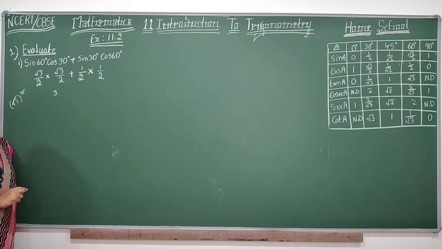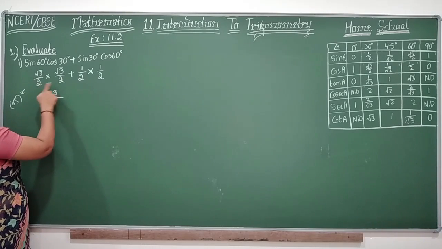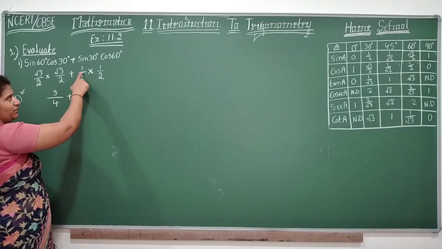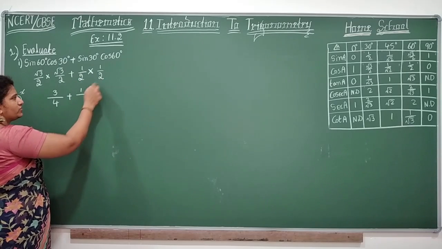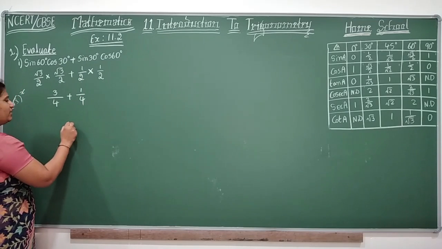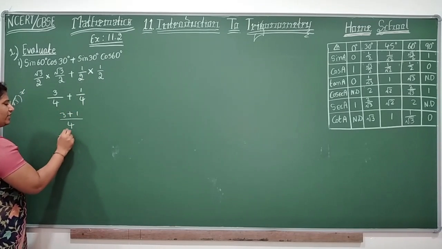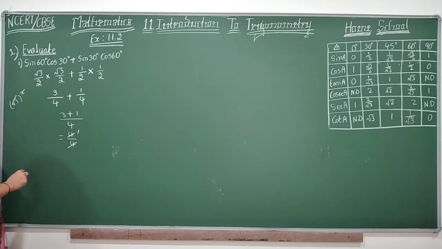3 will be left. By 2 2s are 4, plus, again multiply: 1 into 1 is 1, 2 2s are 4. Now the LCM of 4 and 4 is 4. 3 plus 1 is 4, by 4 that is 1.